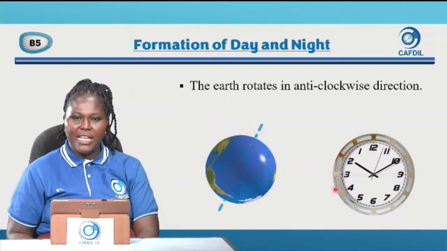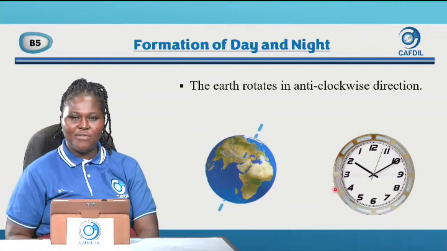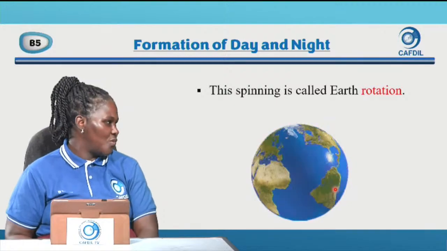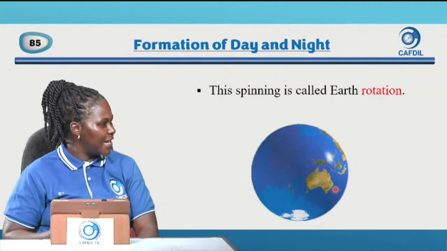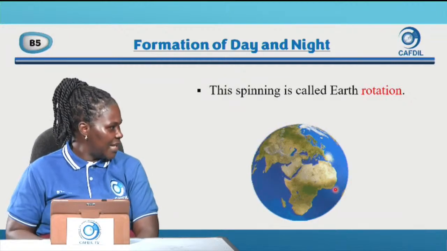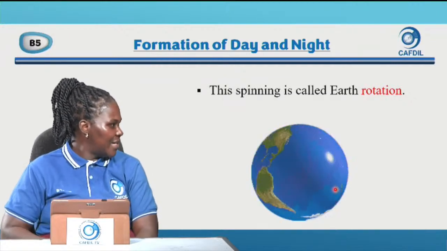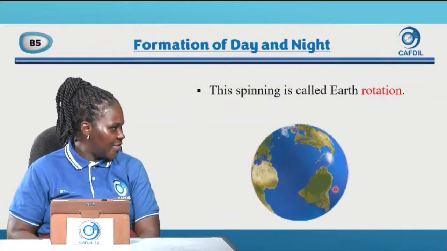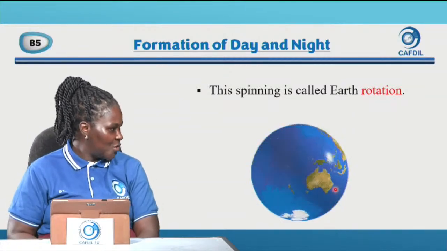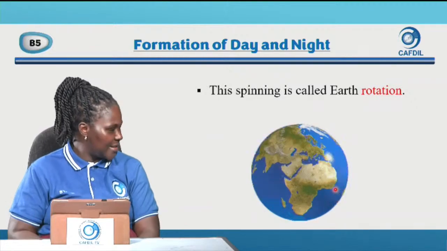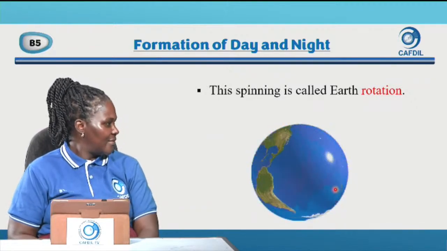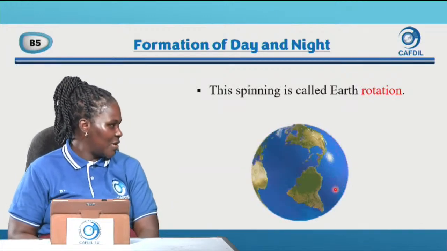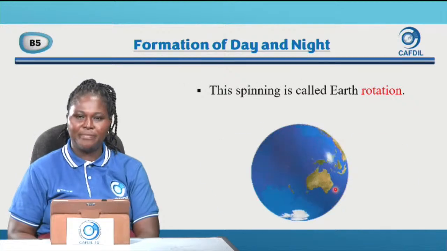So the earth rotates in an anti-clockwise direction. Before we look at the anti-clockwise rotation, let us look at the spinning. This spinning is called earth rotation, as we can see on our screen.